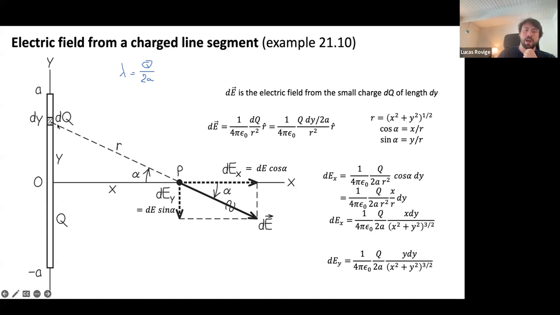This small element has a small charge dq and a small height dy. This small charge element creates a small electric field at this point P that is along the line that connects the two. So we have this line along the r here, and the small electric field that we call dE is along this line.